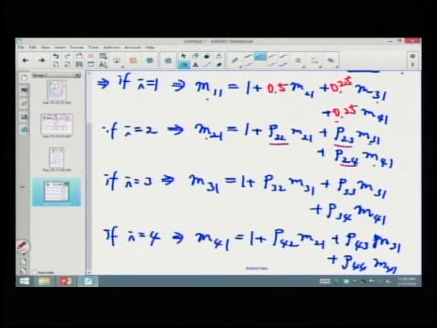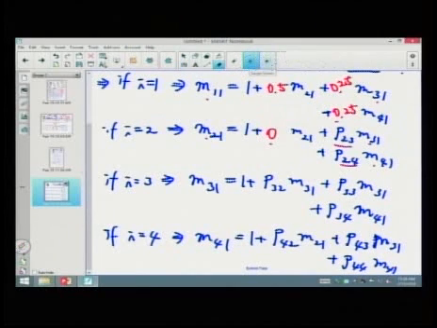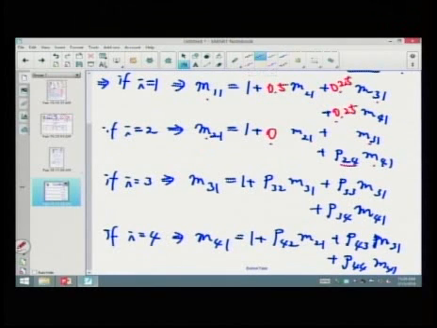And instead of p22, we have 0, right? And p23 should be 0.1, right? And then p24 is also 0.1. Is that right? Are you following me?